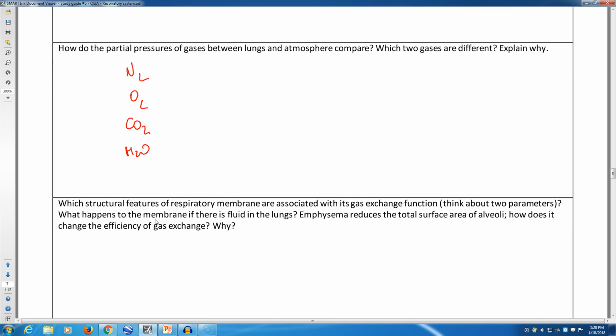So in the lungs versus atmosphere, nitrogen in the atmosphere compared to nitrogen in the lungs, which pressure is higher? Oxygen, atmosphere, CO2, lungs and water. Why?